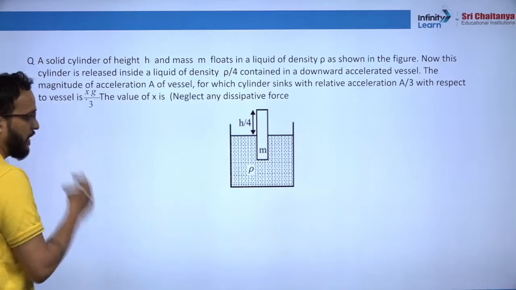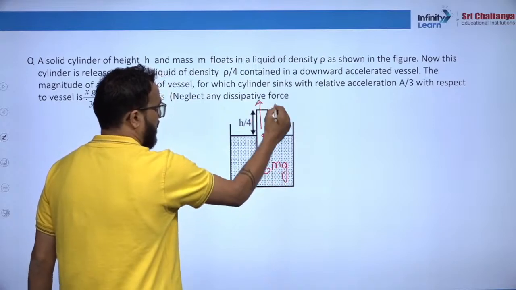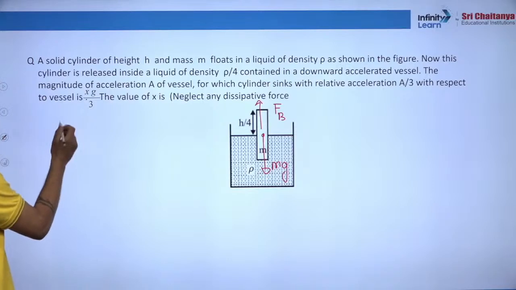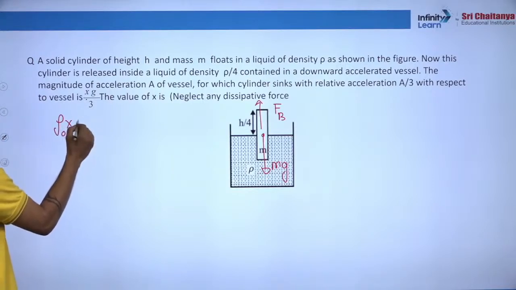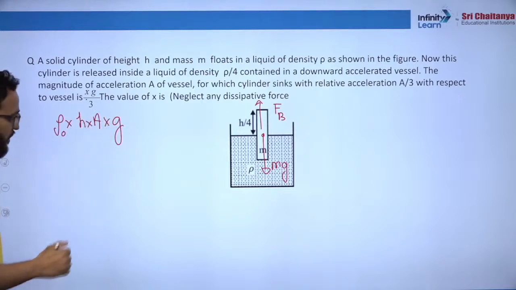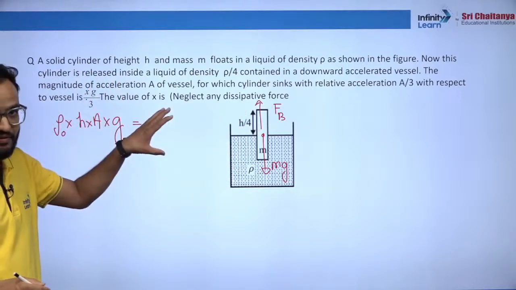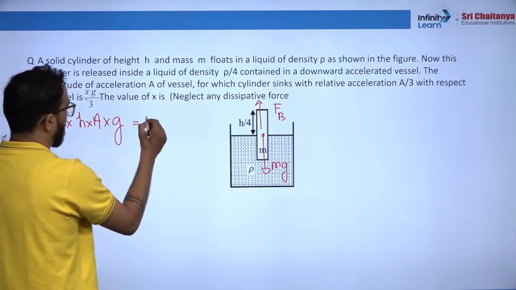So what we will say? We will say that its weight initially mg is being cancelled out by the buoyancy force, right? So what is mg? mg is density of object into volume. Volume is what? H into A into g, right? This will be equal to buoyancy force. Buoyancy force is, if H by 4 is above, that means 1/4 of the volume is above. So you will say how much is below.